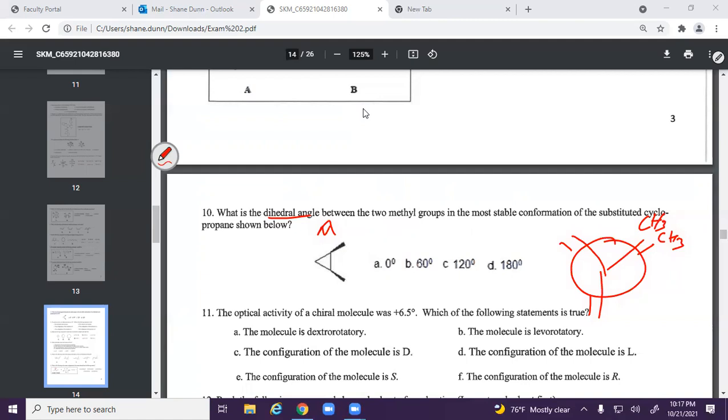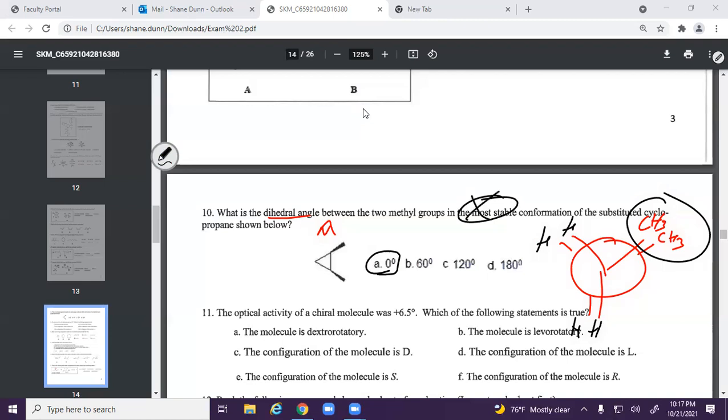So they go right next to each other. Oh, I see what you did. And then we have H here, H here, H here, H here. Right? So what angle are we in? Total eclipse, right? It is 0, but for some reason he says most stable.